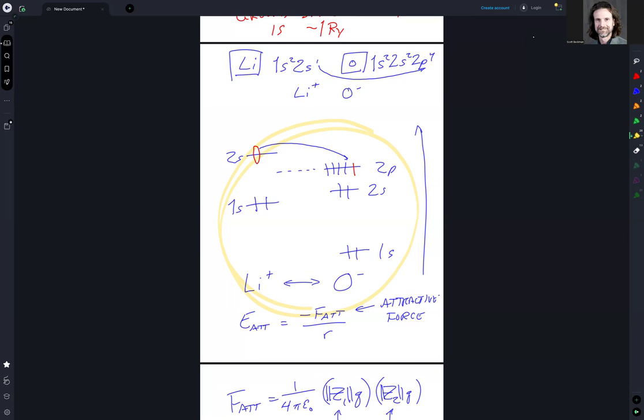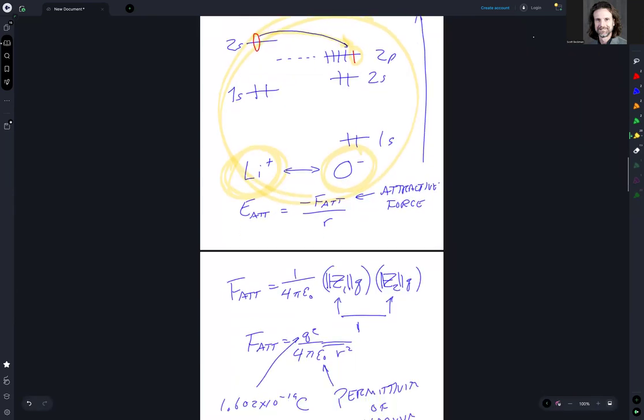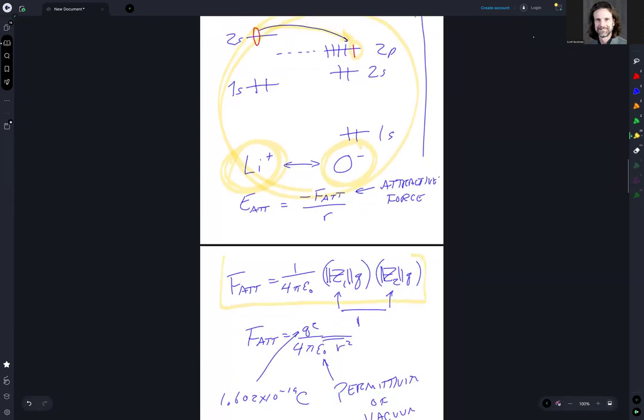As a result, you can have situations where an energy level may be lower in energy and an electron will hop over. And this is the basis for ionic bonding. In ionic bonding, you wind up with one species, your cation, that's positively charged, and one that's negatively charged, and due to the Coulombic attraction, these wind up bonded to one another.